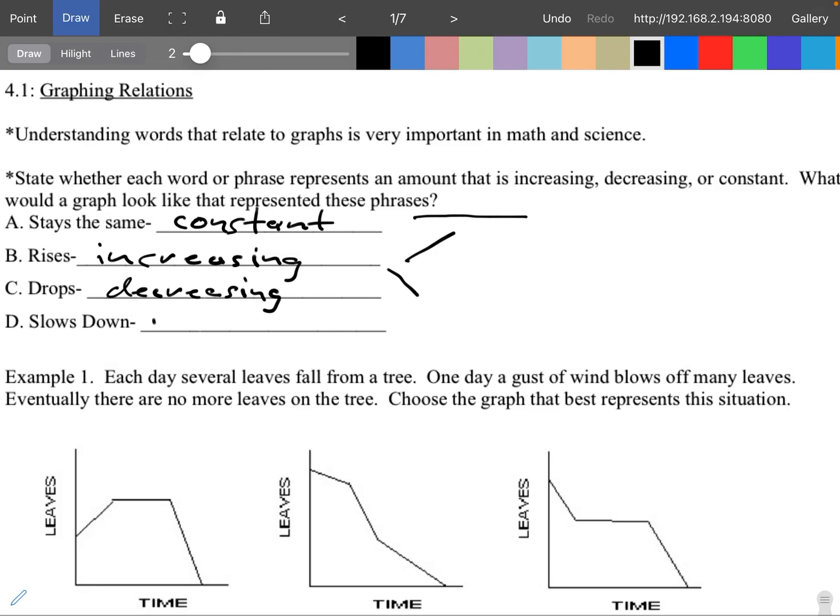All right, and then if it's slowing down, it could be increasing slowing down, or it could be decreasing slowing down. It could be either. So let me write, let's see, increasing or decreasing. It could be either.